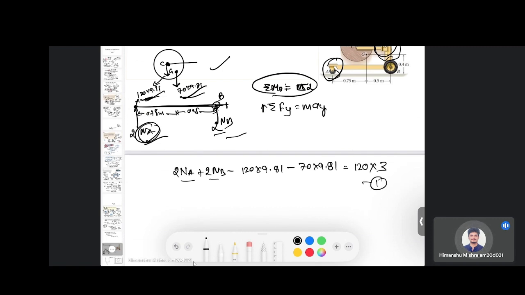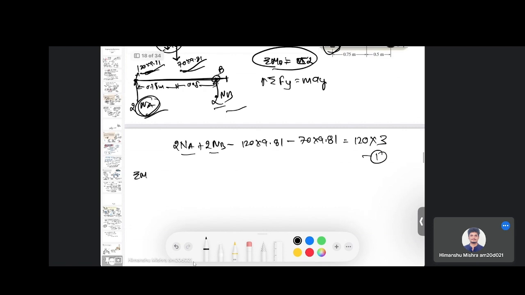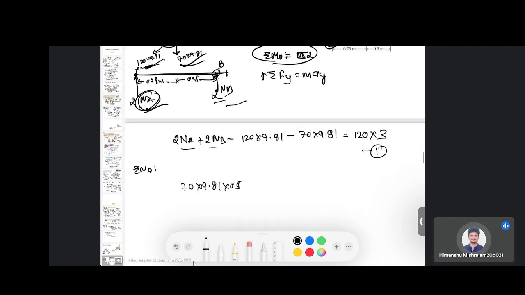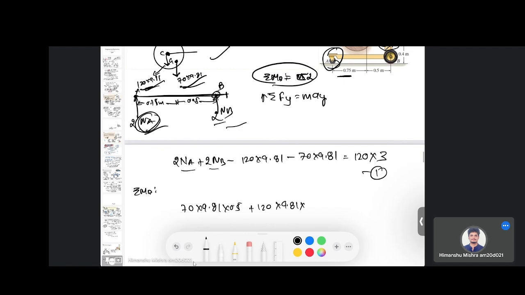So when we do the moment balance, I will have the summation of moments due to the 70 kg weight with a perpendicular distance of 0.5, and due to the 120 kg weight with a perpendicular distance of 0.75, minus 2NA, because I am taking the moment at point B, so this force NB will not create any moment.